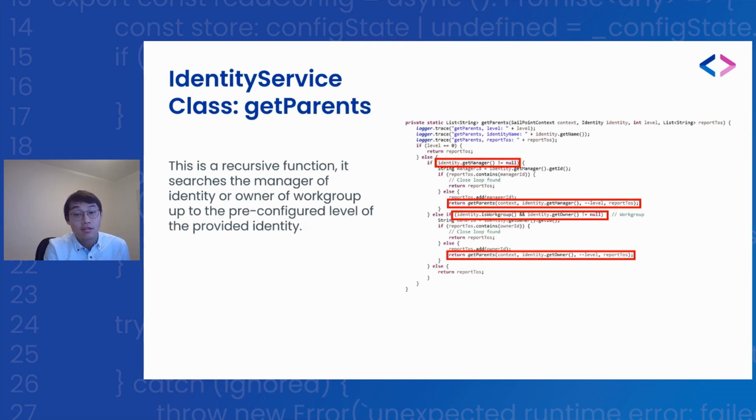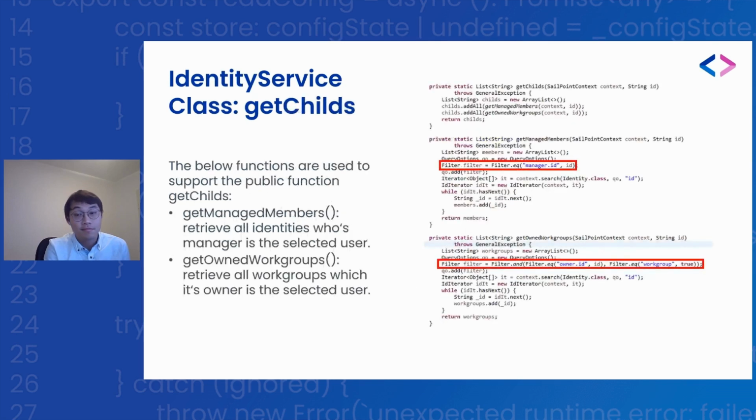It searches the manager of the identity or the owner of the workgroup up to the predefined preconfigured level. The getChilds function utilizes getManagedMembers to collect all identities which are managed by the user, and utilizes getOwnedWorkgroups to collect all workgroups owned by the user.